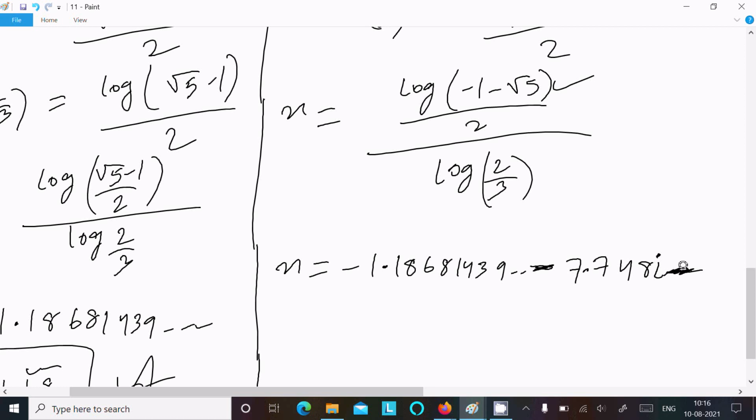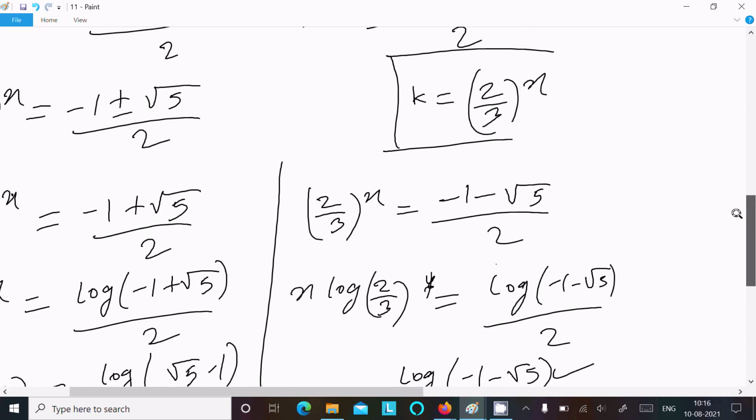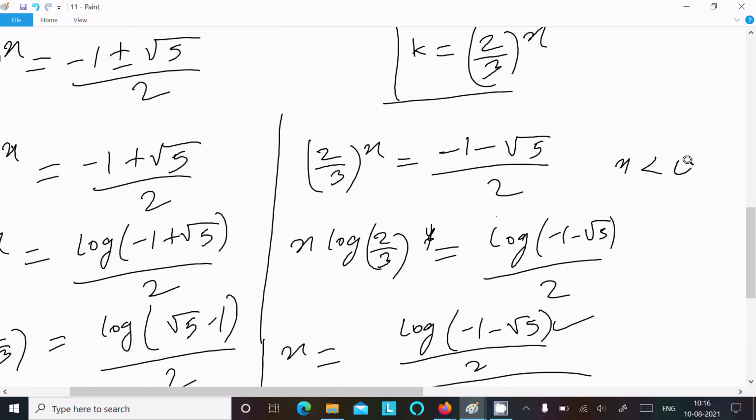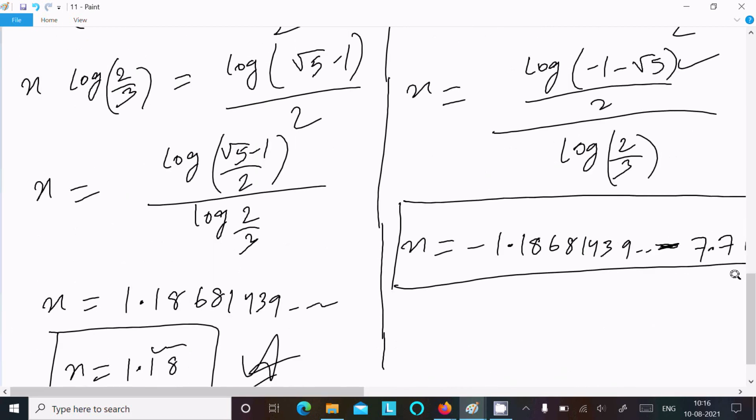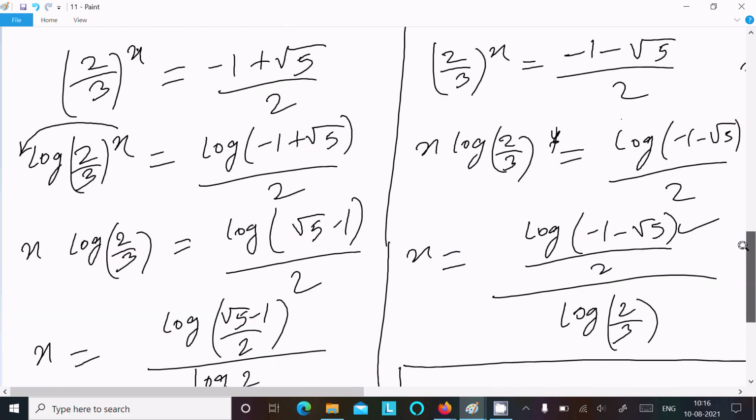If you don't want to include the trailing digits, just write i. This is the answer when you take the negative. So when x is negative, you get this one, and when x is positive, x is real.